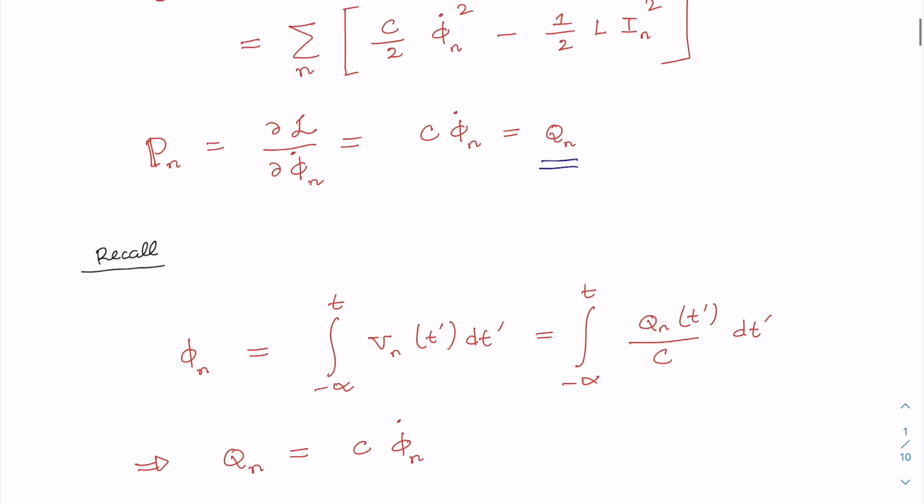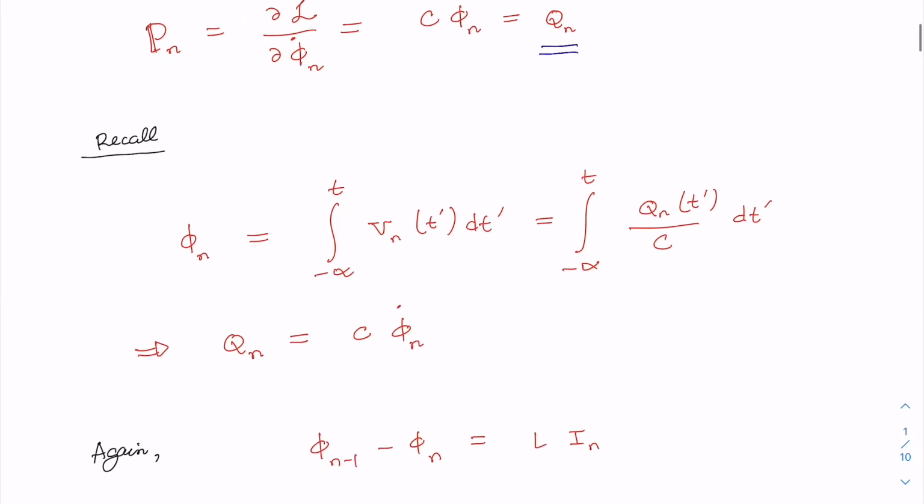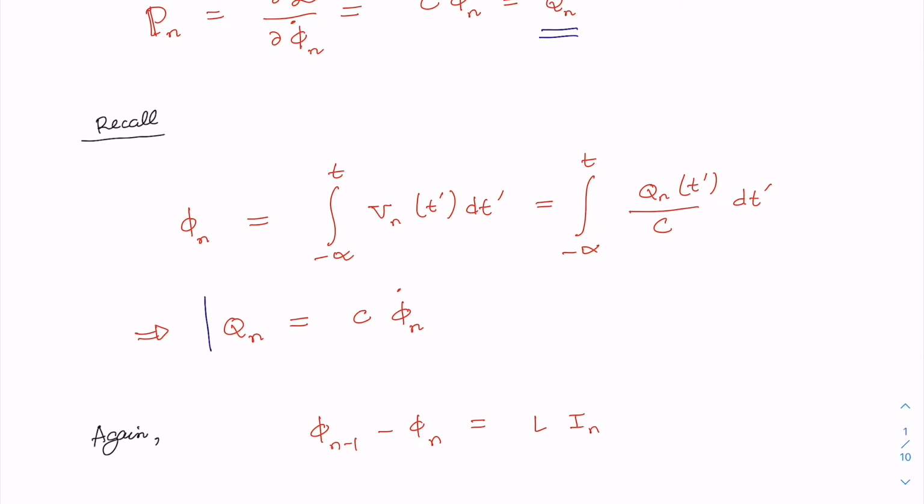You should recall that this magnetic flux is related to the voltage in the transmission line by this expression, and from here you see that the charge at a particular branch and at a particular node we can get just by taking the time derivative of the flux and multiplying it by the capacitance.